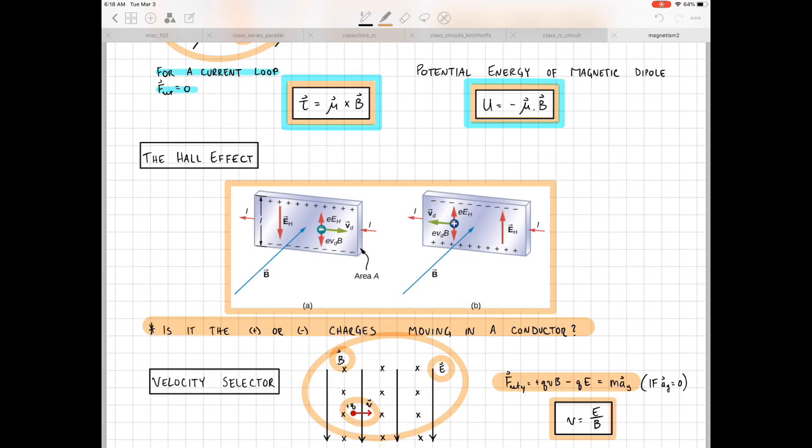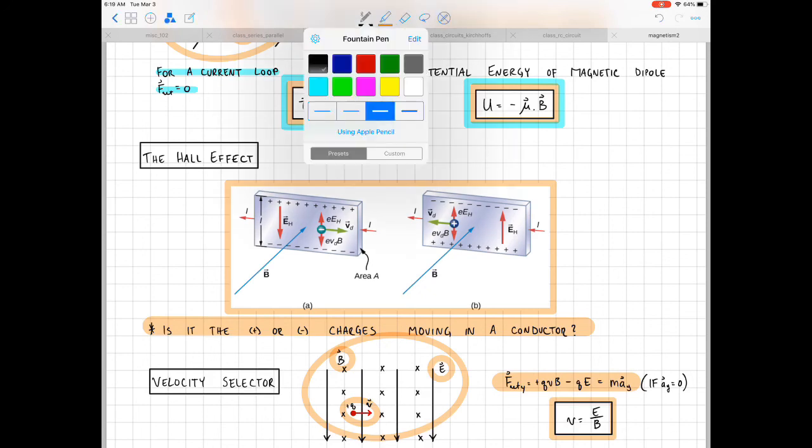And this is why this is called a velocity selector. So if you shoot a bunch of particles through this region where there are perpendicular electric and magnetic fields, only charges that have the specific speed equal to the ratio of the magnitudes of the E and B fields will end up going through undeflected.